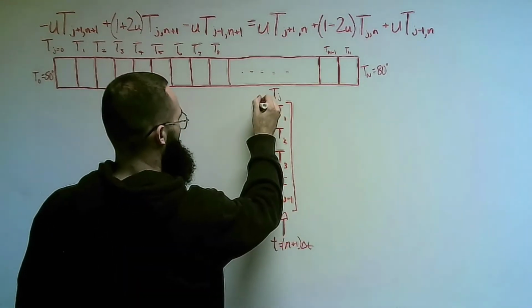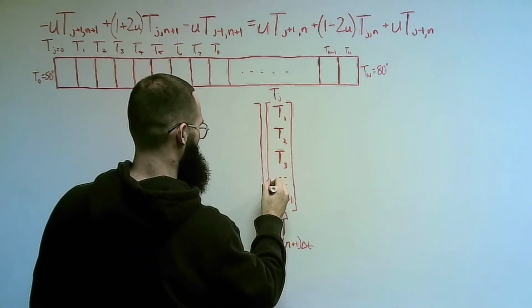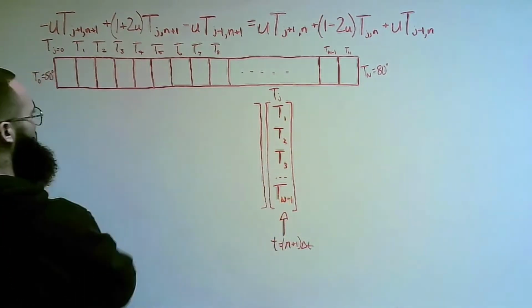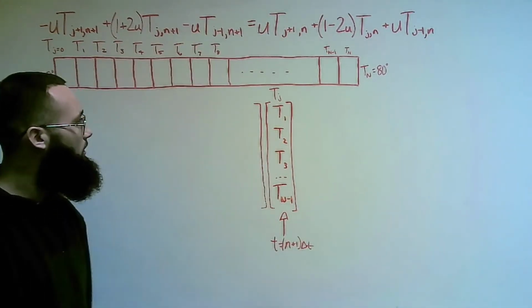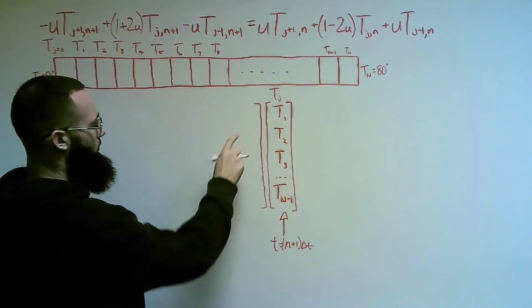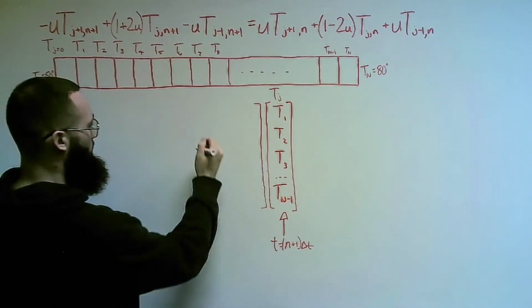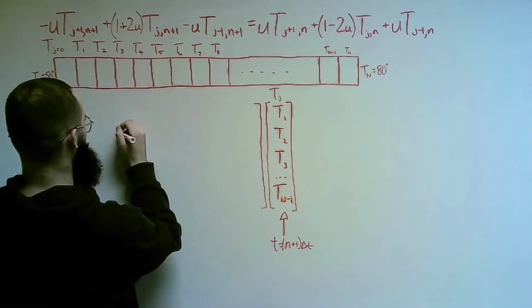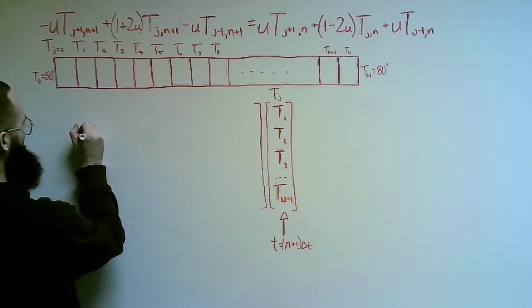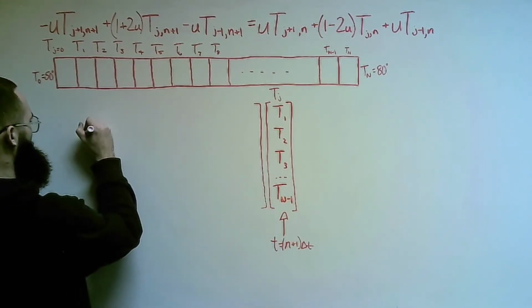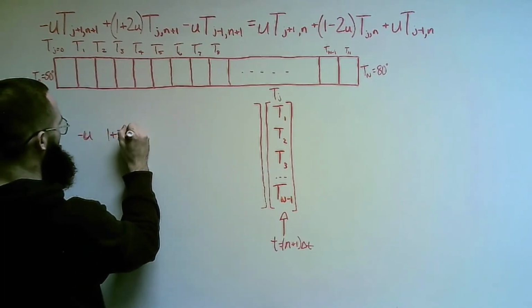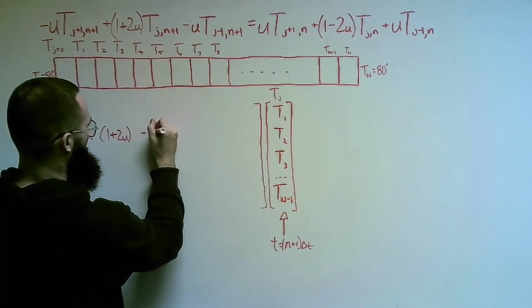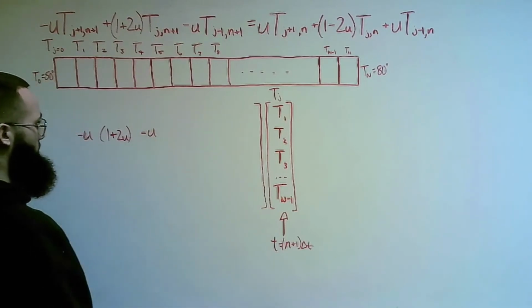So now what we want to do is take a look at what the coefficients will be here. For T2, let's do that one first, we'll have coefficients of negative u, 1 plus 2u, and negative u.